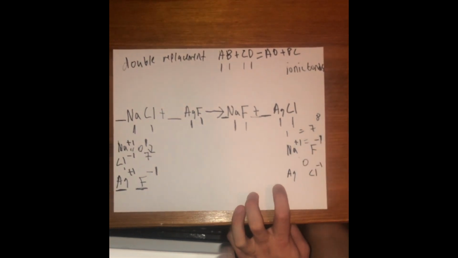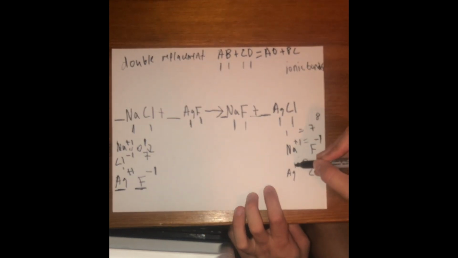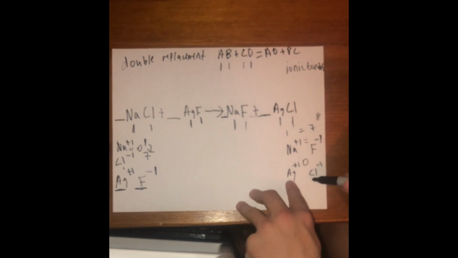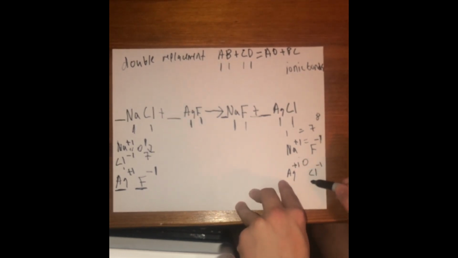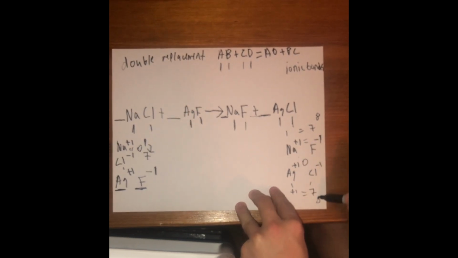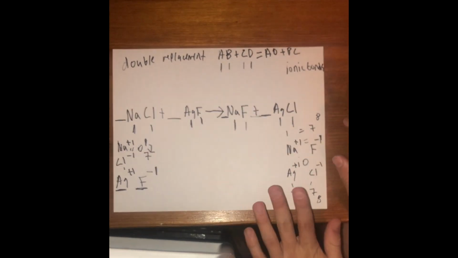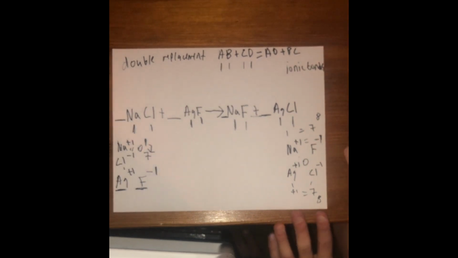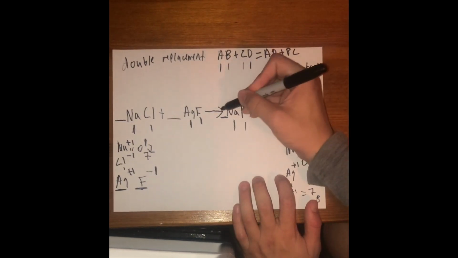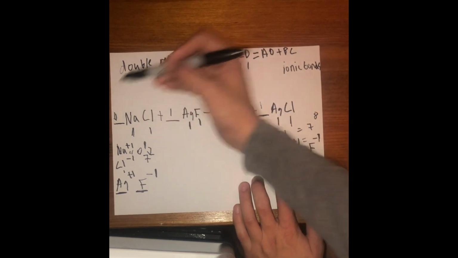Chlorine's a -1, and since we marked on the left side that silver's a +1, we will also mark on this side that it's a +1, which gives us 0. And the chlorine has 7, that means the silver would have 1 still, which follows the octet rule, which means all 4 of these, everything in this problem, is stable. And we don't need to mark coefficients because they're all 1. I don't see any subscripts, so that means it's all balanced.